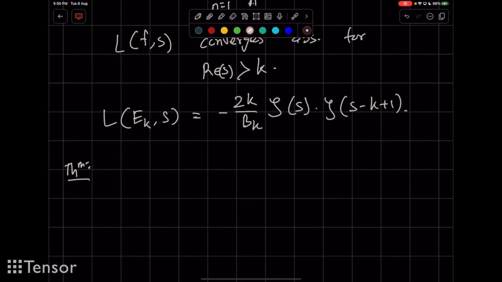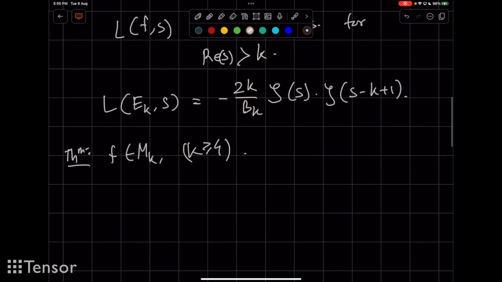So let us state that theorem. Let f be a modular form of weight k, and of course k is at least 4, because we have seen that if k is smaller than 4, then modular forms of weight k are basically the zero function.